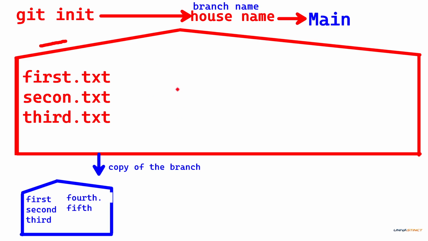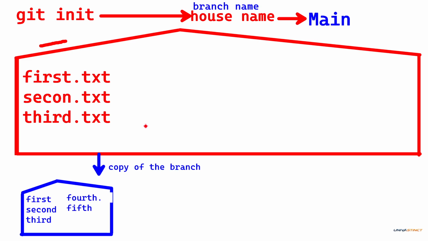You're done creating the website, but you want to be able to make some changes on the website later on, but you are not sure how the changes would be. So one thing you can do is to create a copy of that branch, a copy of that house, and then you can implement your changes on it. And let's say you like the changes, you can now decide to merge it. Merge it means you want to just combine it with this house, so it will just become one house again, right? So that's just the real scenario of this.